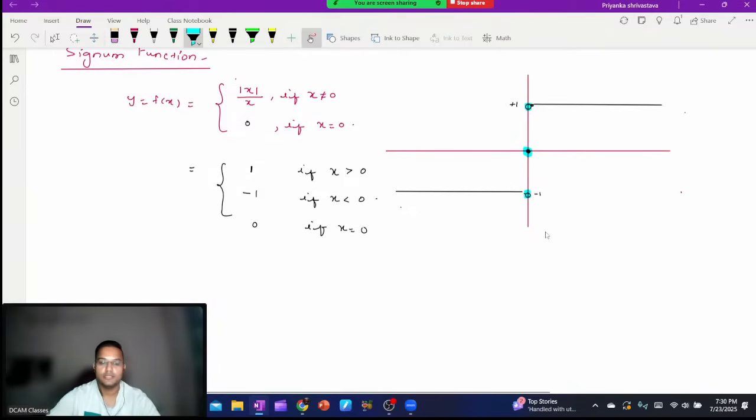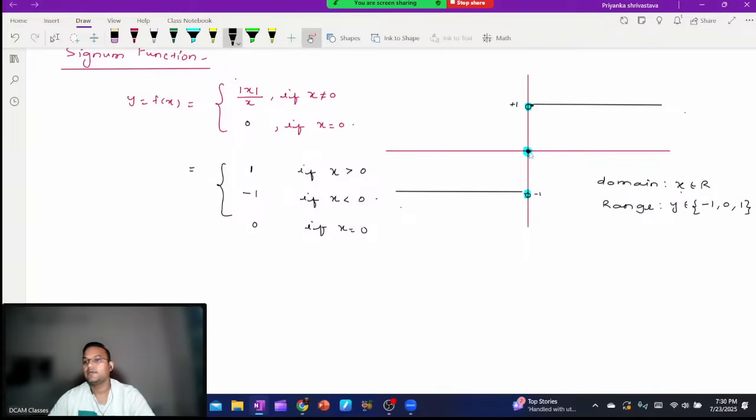Okay, now understood? Easy? Can you tell me its domain and range? Domain will be R, range will be the set containing -1, 0, and 1.